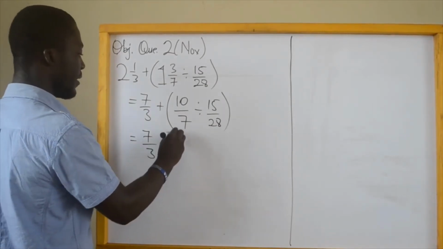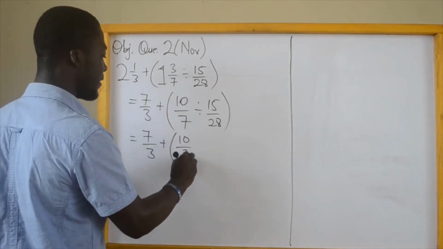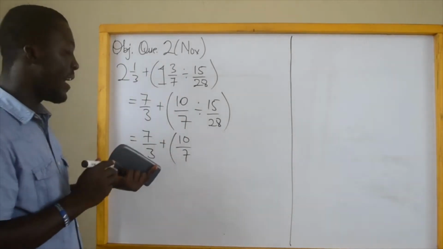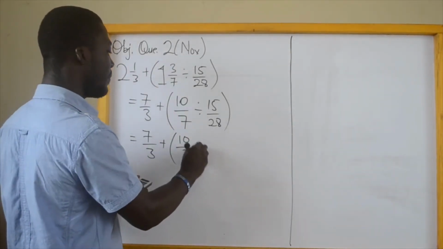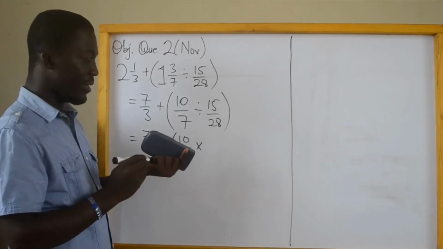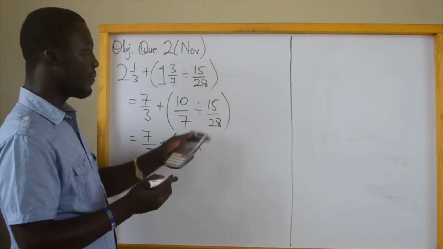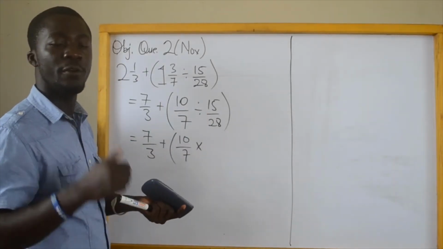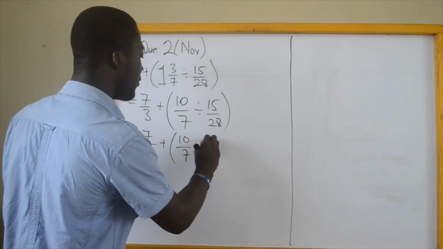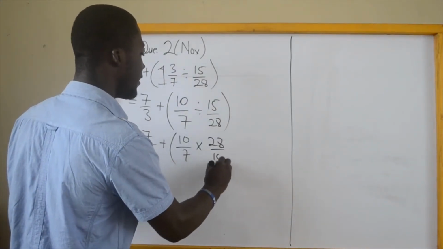When we deal with the content of the bracket first, the division sign will change to multiplication, and the fraction 15 over 28 will be reciprocated, which will give us 28 over 15.